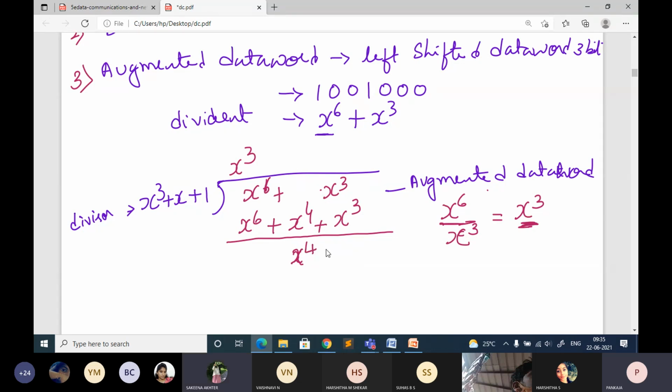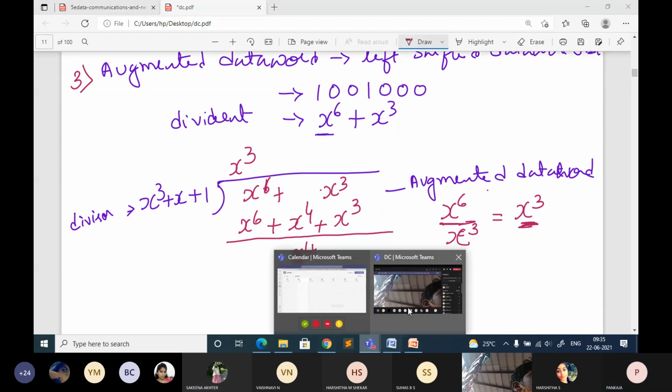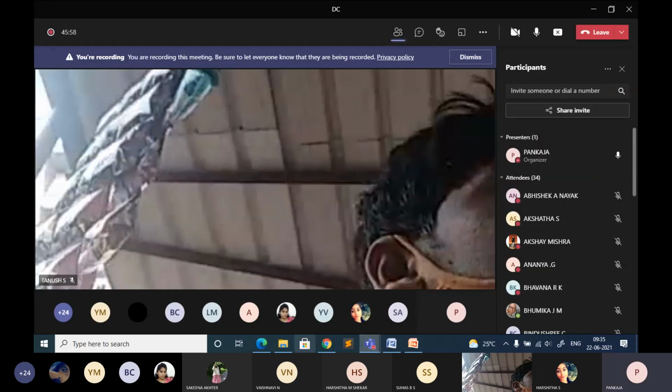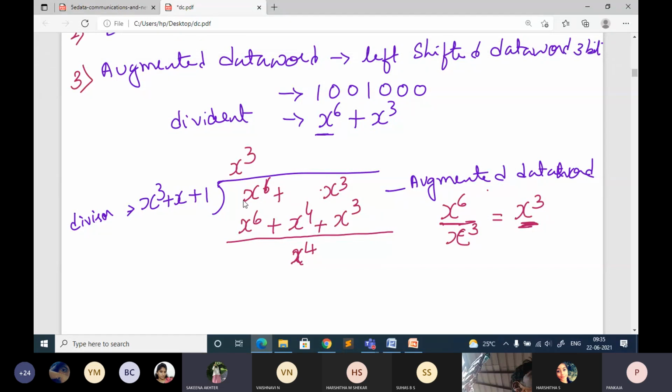What about subtraction? Ma'am, what about subtraction? Is it like we have to cancel the same terms in subtraction? The same rule is applied.